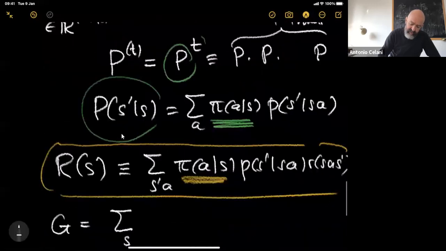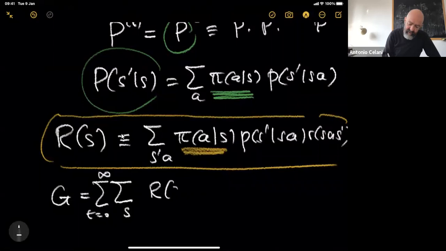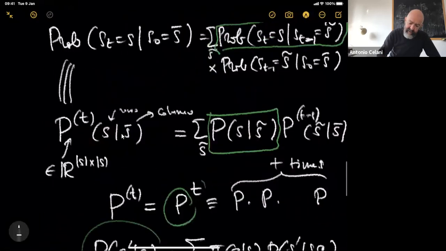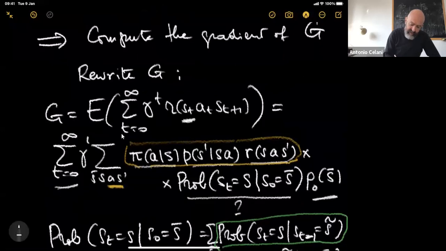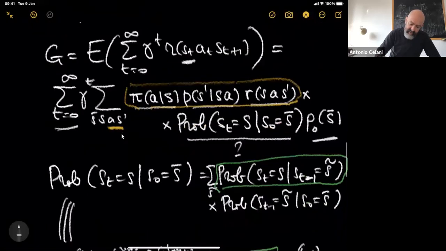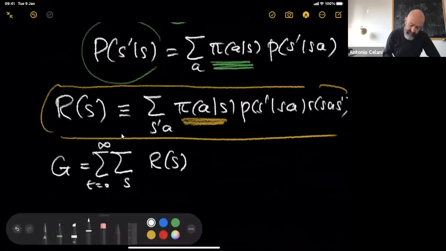Okay, so there was a sum over time before everything. Sum over time going from 0 to infinity. There is a sum over S of R of S. Then there is a gamma to the T, which I sort of forgot here, sorry, and I should better put it here as well.